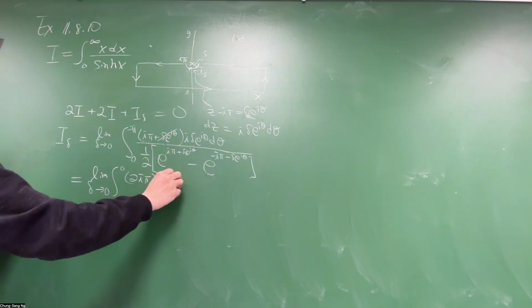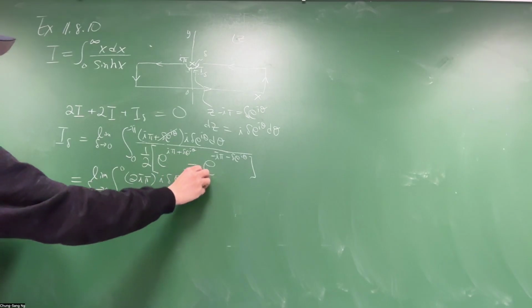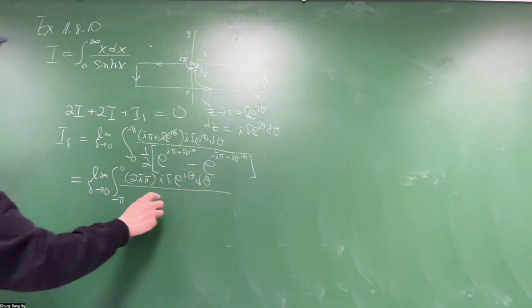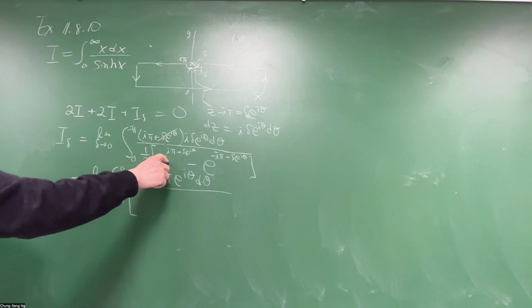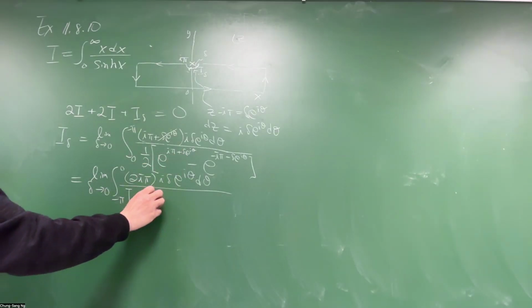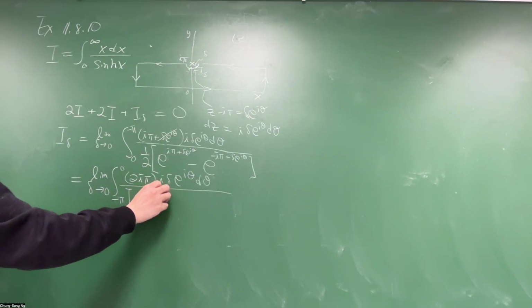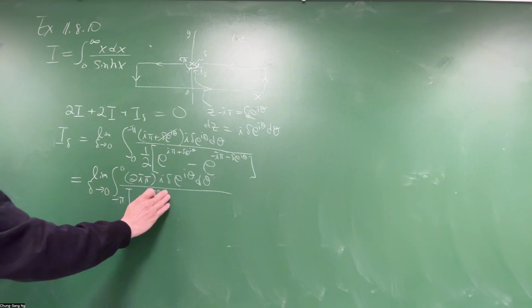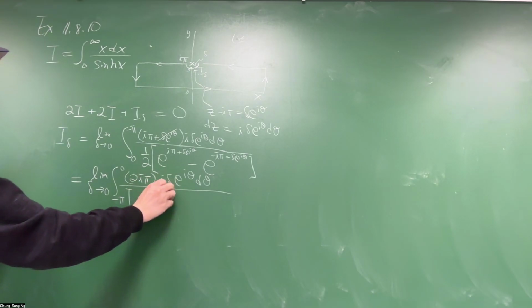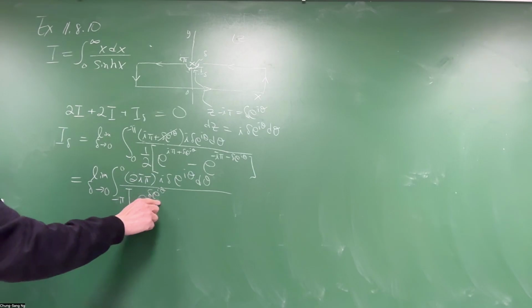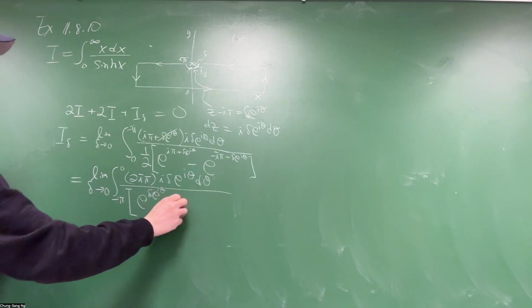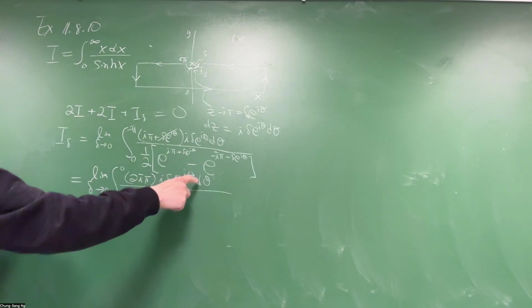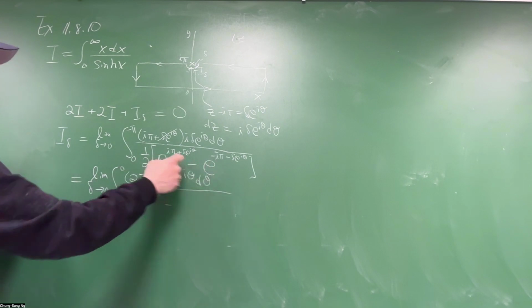And keep everything. And the rest is e to the delta e to the i theta, but that's two exponentials, then plus, because both have a minus sign coming out.